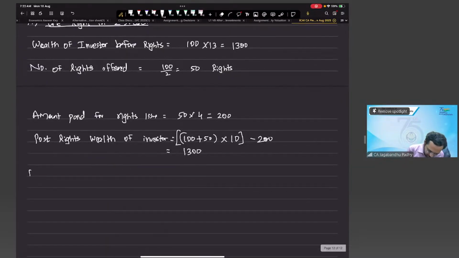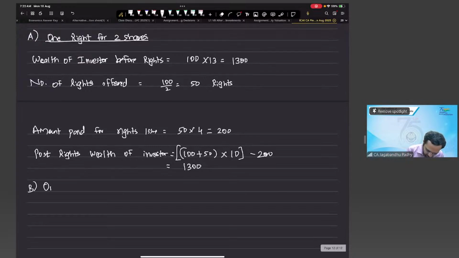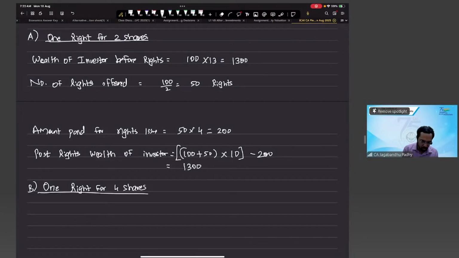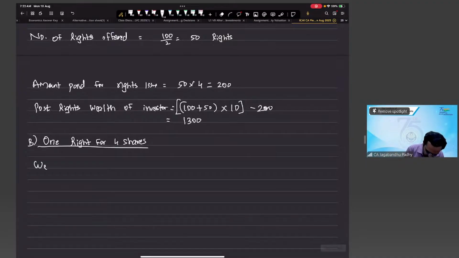Okay. And then if you look at the second case where you're issuing one right for 4 shares, we'll talk of what is the wealth post rights.